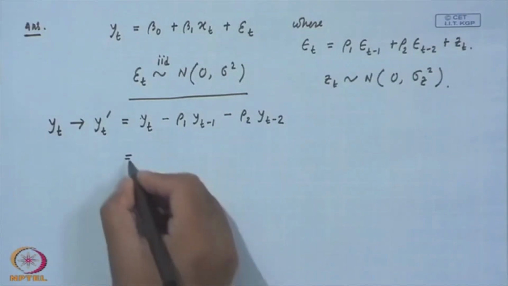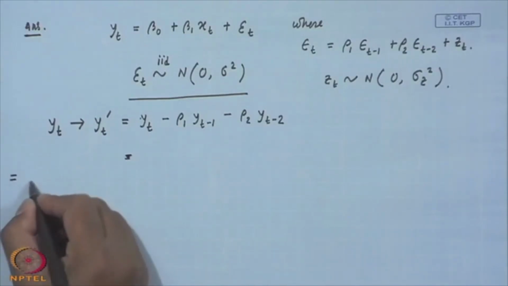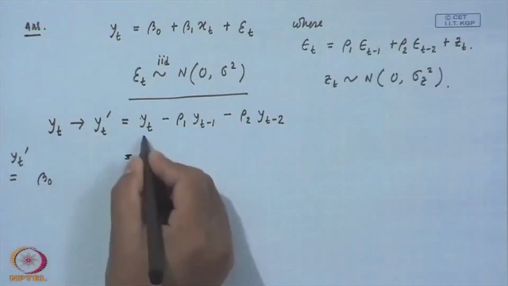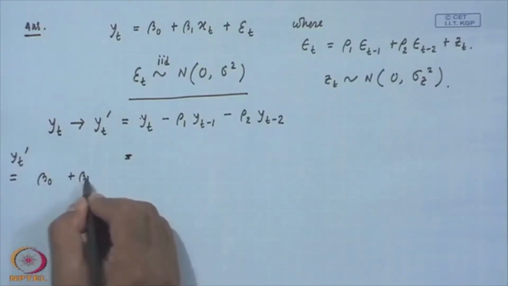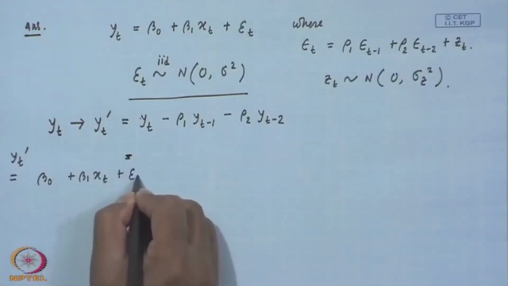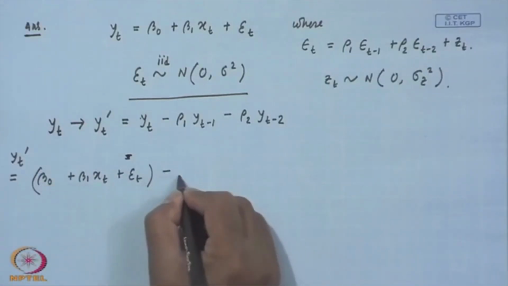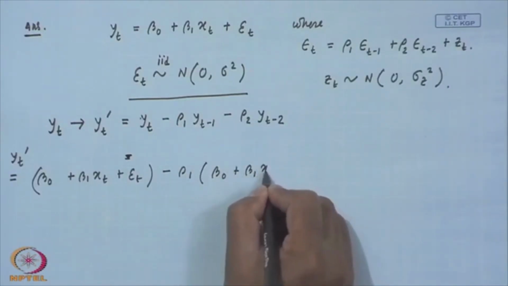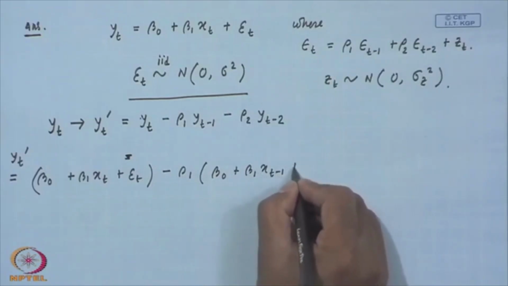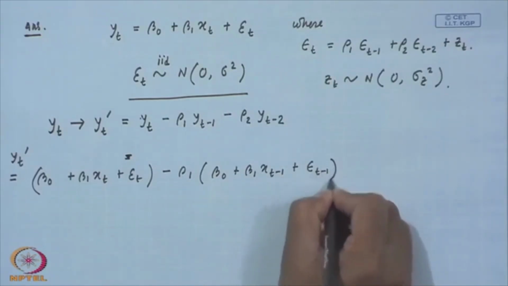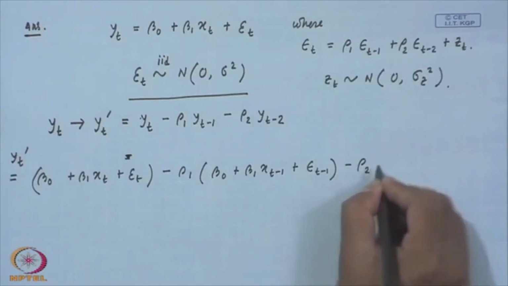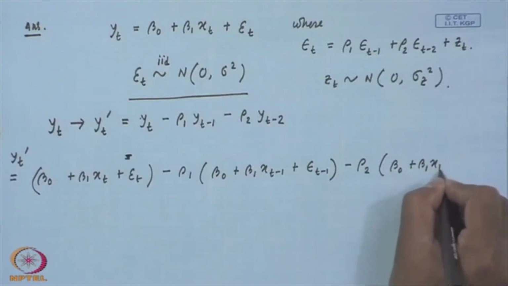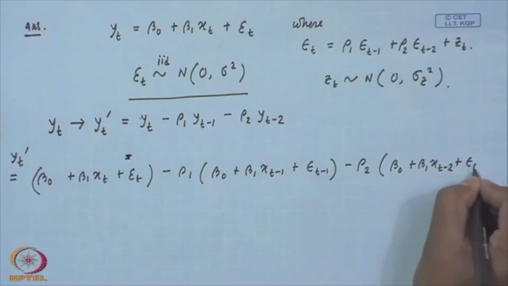So, y t prime is equal to beta naught plus beta 1 x t plus epsilon t, minus rho 1 times beta naught plus beta 1 x t minus 1 plus epsilon t minus 1, minus rho 2 times beta naught plus beta 1 x t minus 2 plus epsilon t minus 2.